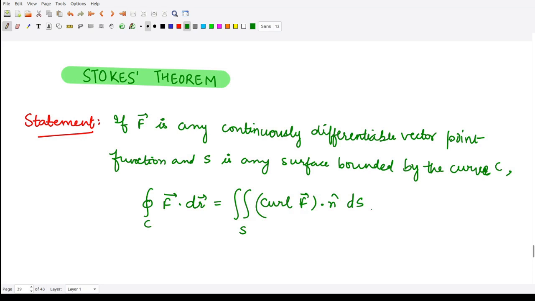Now you can clearly see that this definition is very similar to that of Green's theorem, but the difference here is that this is a generalized version. In Green's theorem we had this dot with k cap vector, right?